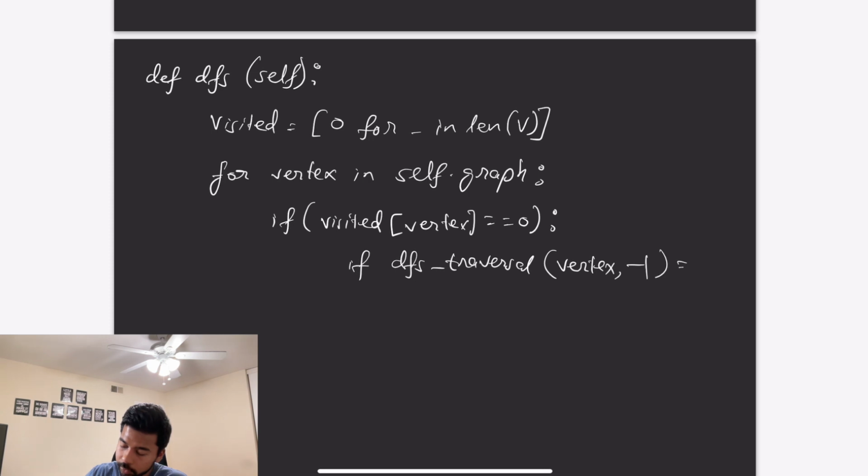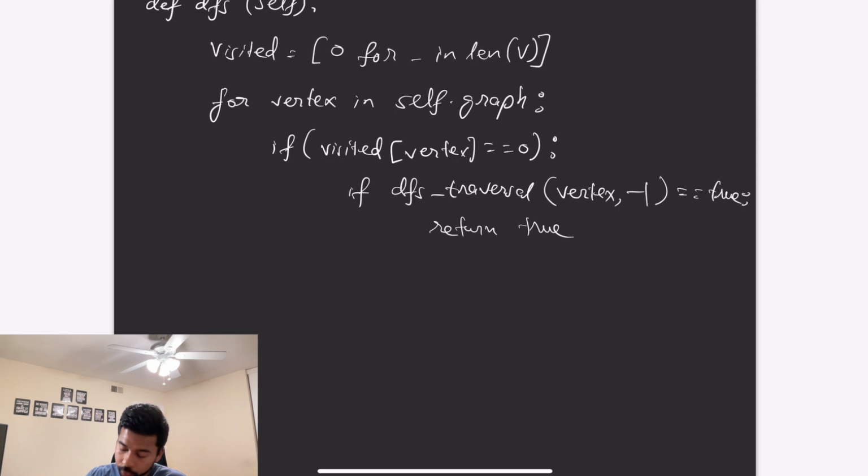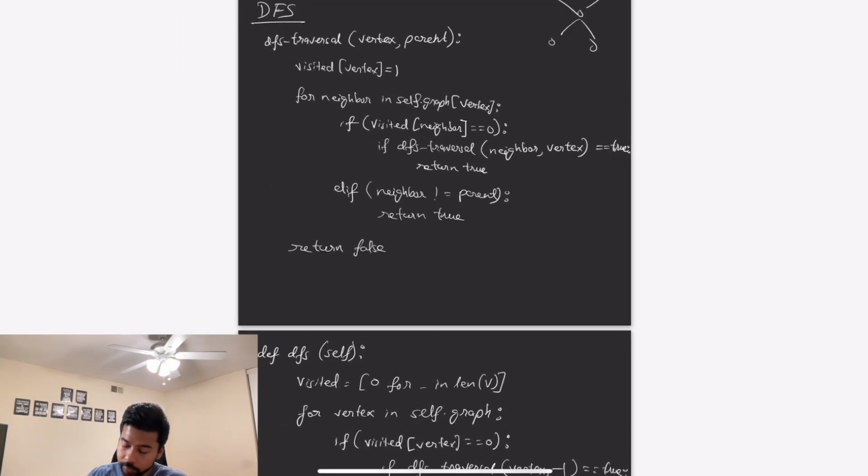This is true, return true. Then outside the for loop, if you just never return true, return false. Okay, that's it. That's the whole cycle detection function with this tiny thing as the crux, right? And we have the neighbors, so we have the parents as well.